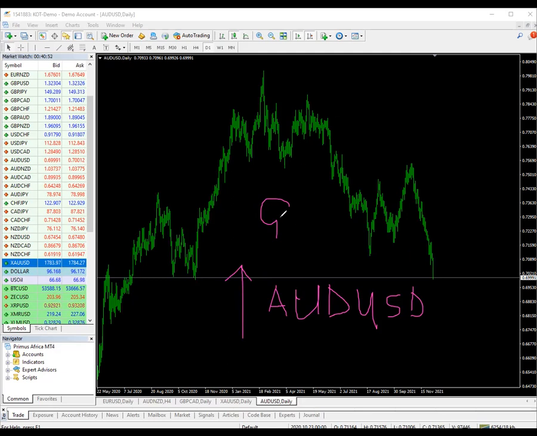But when gold is having little demand, when people are not interested in buying gold, it weakens the currency AUD. And when that happens, USD takes the Australian dollar down.